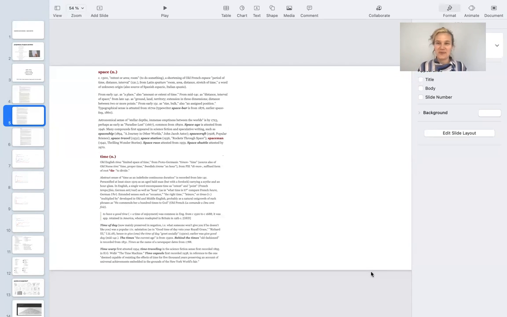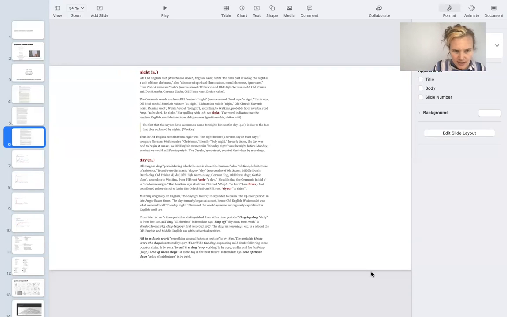See, it's impossible to get away from how these words are used metaphorically in order to just talk about how we experience the world. So they're very fundamental in that way. And then night and day.